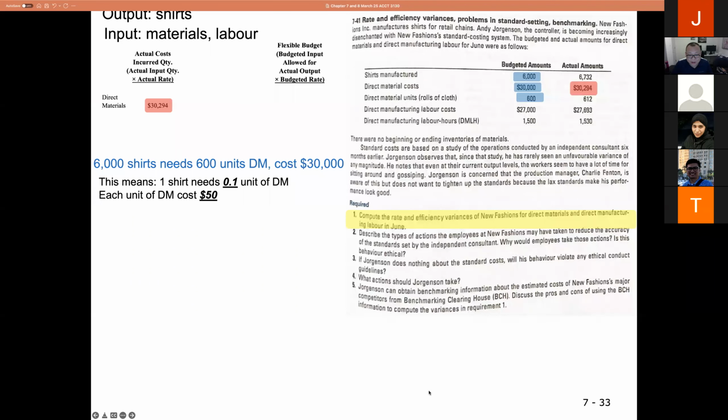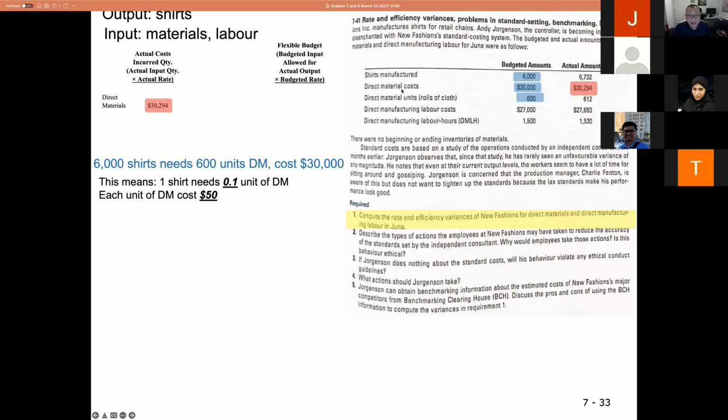So it's very important that you are able to think through this. Okay, so now tell me what is the budgeted input allowed for the actual output. So first tell me what's the budgeted rate, the price. $50. $50, very good. So how do I calculate budgeted input allowed for the actual output?